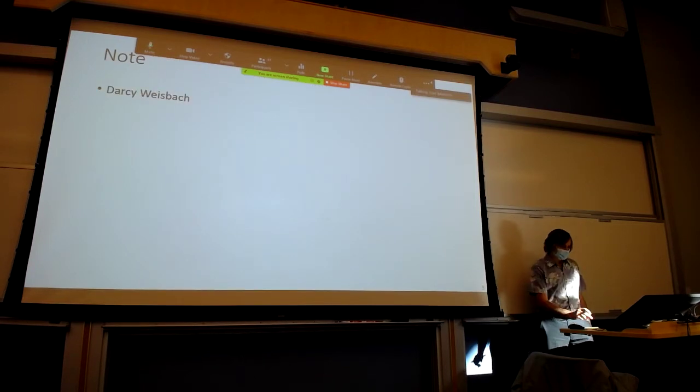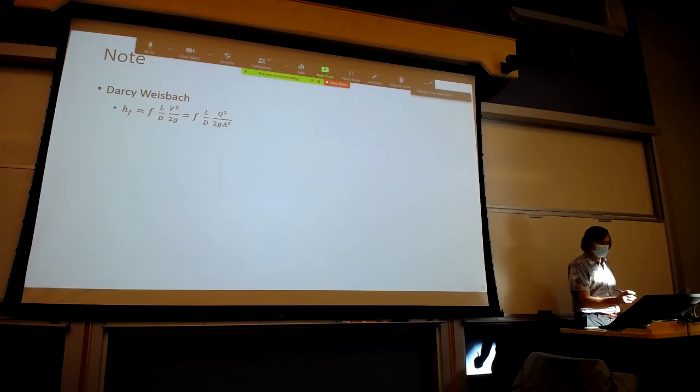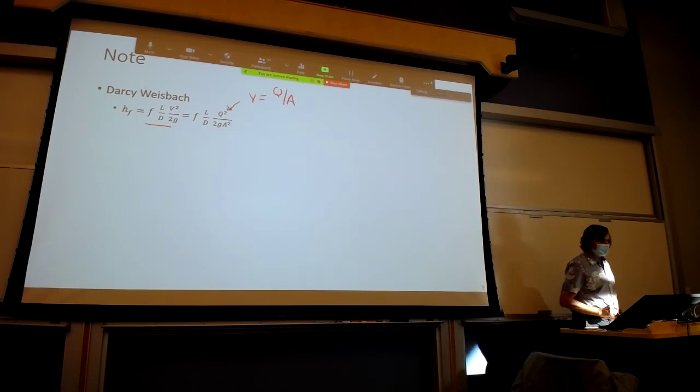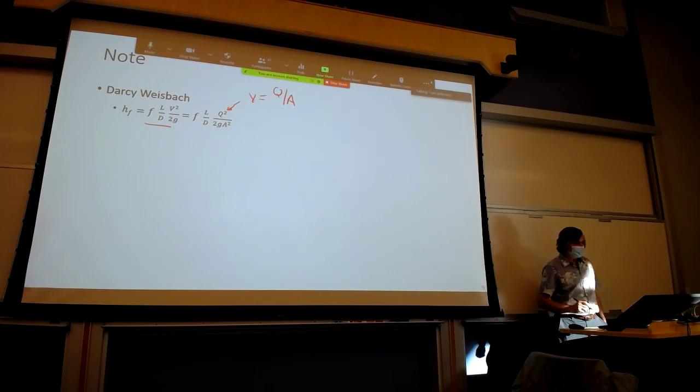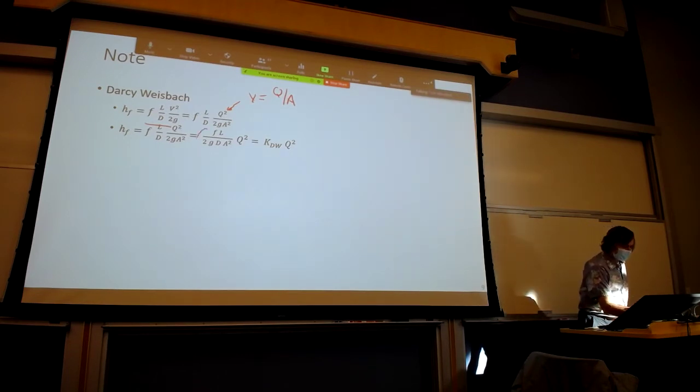So, one big note. With the Darcy-Weisbach equation, we can either have it as we've always seen it, or when we identify that velocity is discharge over area, we can substitute for V squared, Q squared over A squared. And when we do that, we can then take everything except Q squared and factor it out.